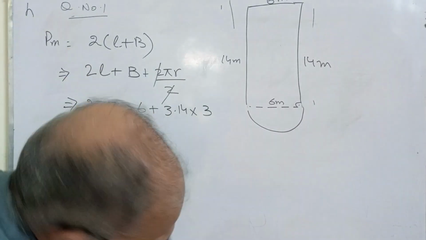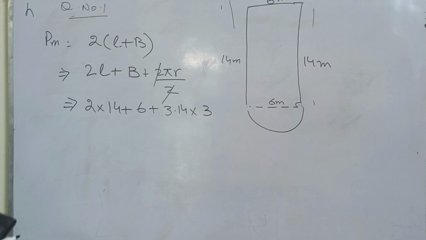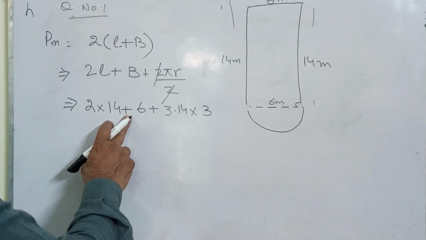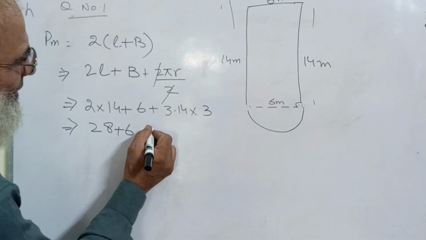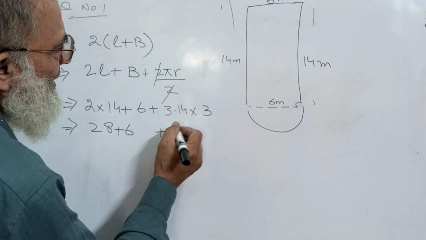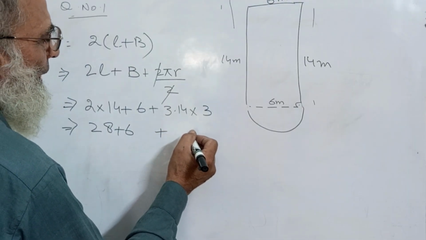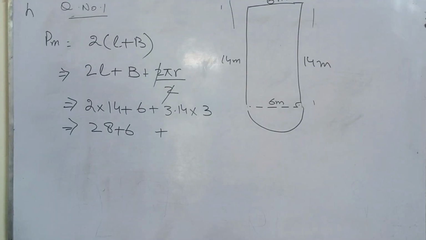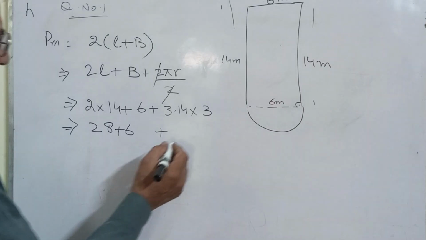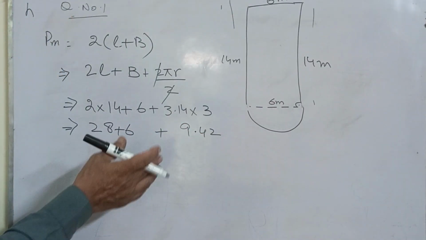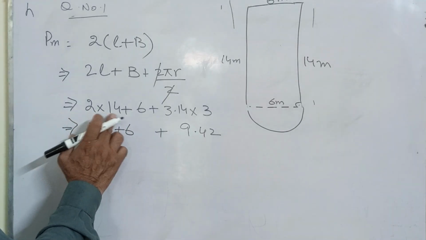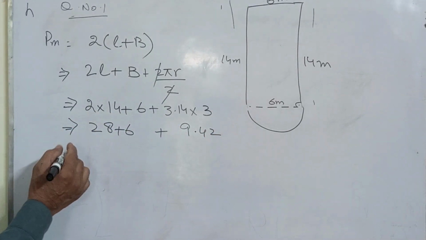So by calculating the whole story, it will become something like this. 28, 28 plus 6, and plus 3.14 multiplied by 3, 9.42. It is 9.42. Yes, everything has been calculated.